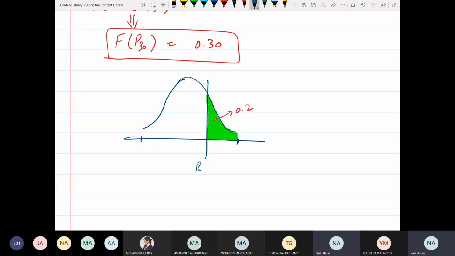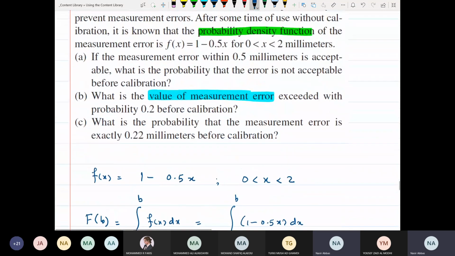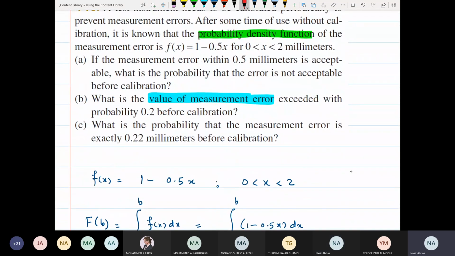This is required in the question. Is it the 20th percentile or the 80th percentile? This is the 80th percentile. So this question is asking for P80.